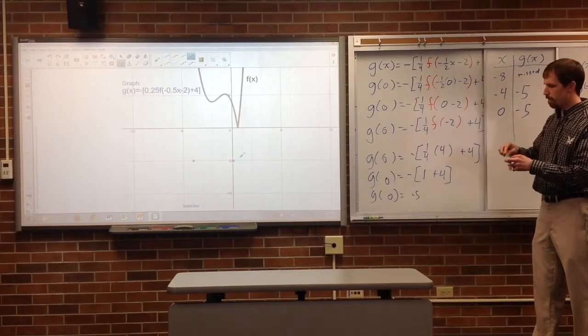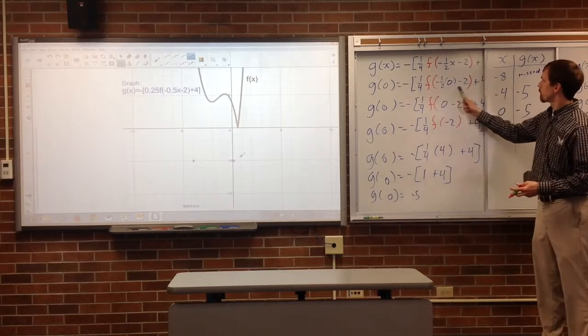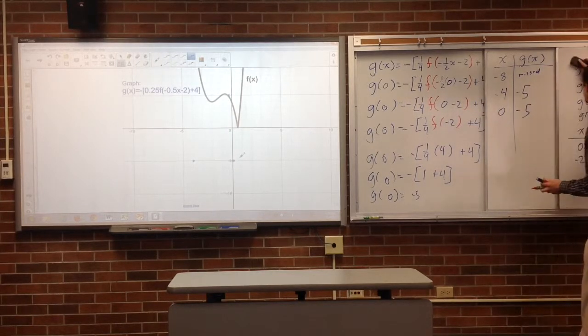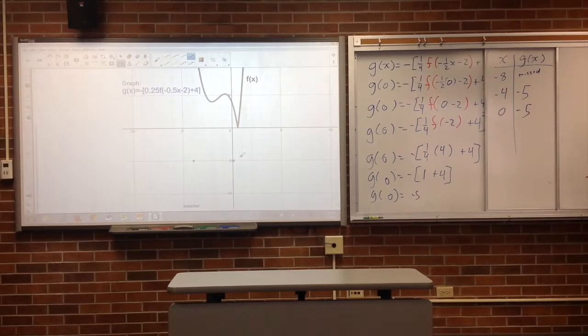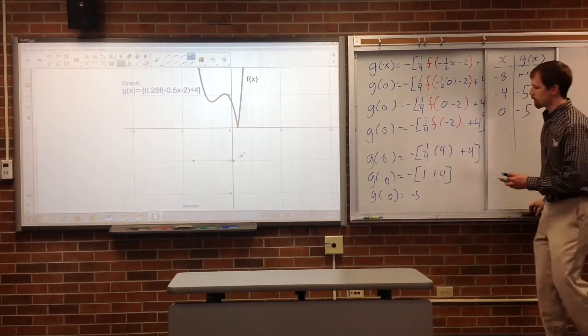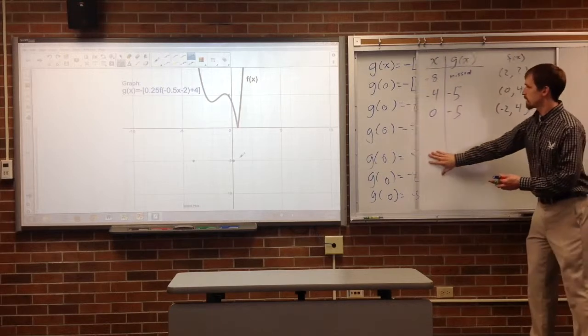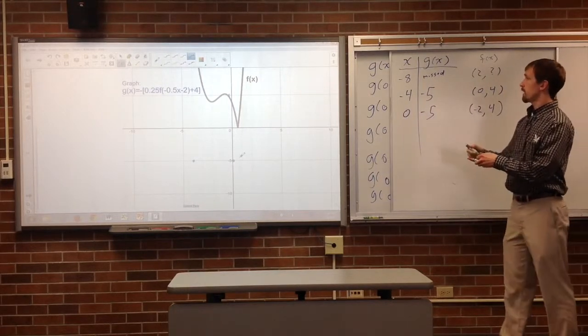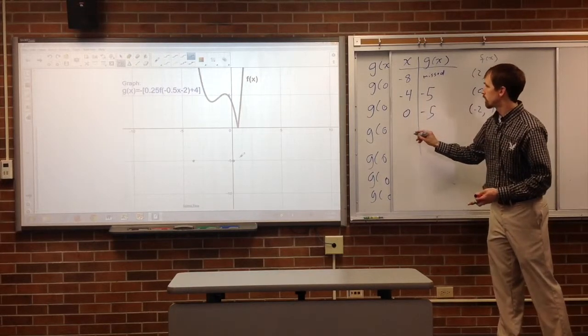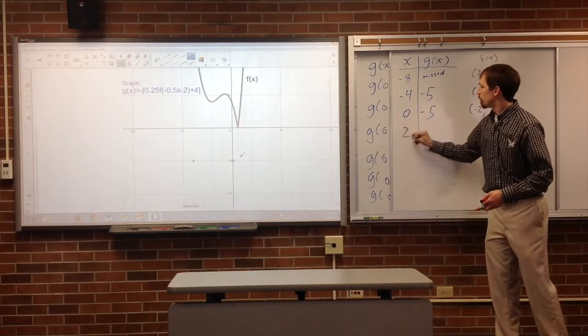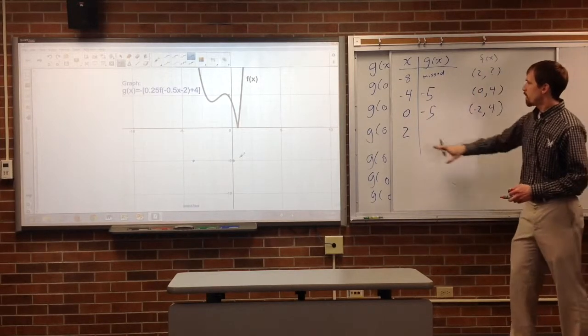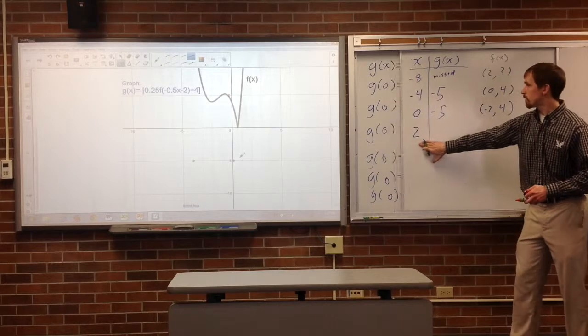And I think it's going to become more apparent if we look at the actual operations here. So let's start to evaluate this while considering what the actual x values are doing. If we, for example, wanted to continue our table and we wanted another value for x, let's say we wanted to do a 2. Think about what actually happens to the 2 when you plug it in this function.